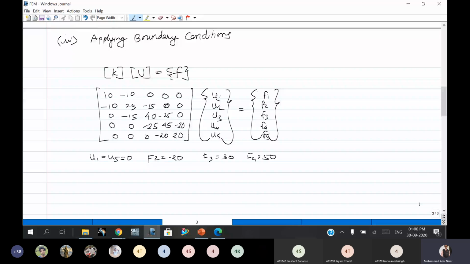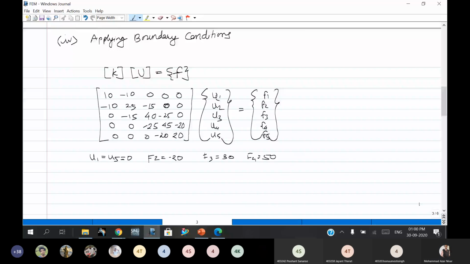Okay, so these are the conditions, and F1 and F5, there will be no forces on that, so we have to take 0, or you can write, sorry, F1 and F5, you have to find out what are the forces due to the reaction. So here I will put this value in this equation.